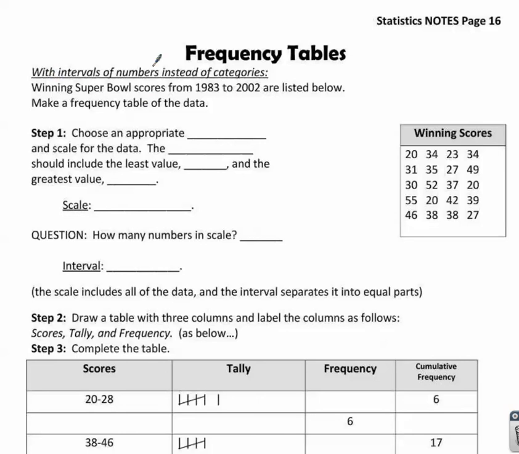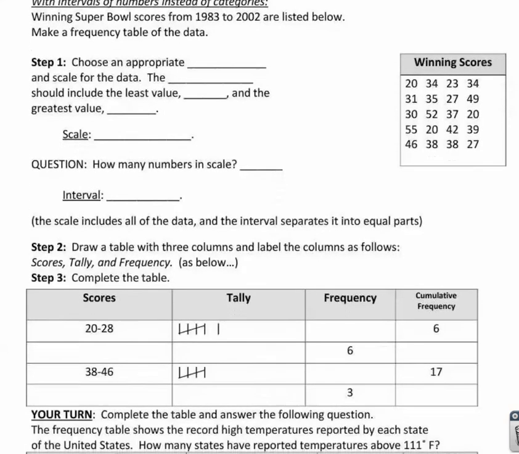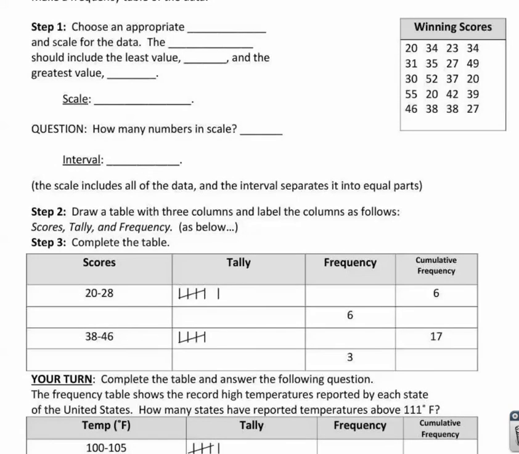With intervals of numbers instead of categories. Winning Super Bowl scores from 1983 to 2002 are listed below. Make a frequency table of the data. Choose an appropriate interval and scale for the data.